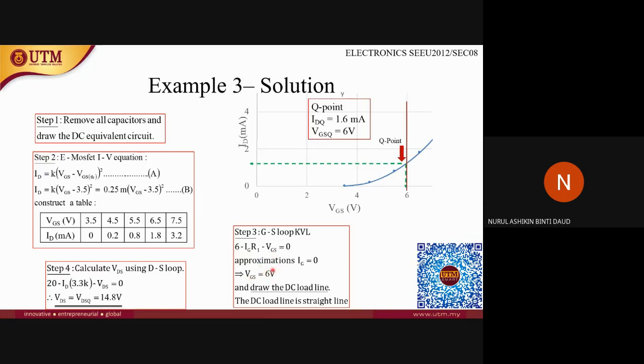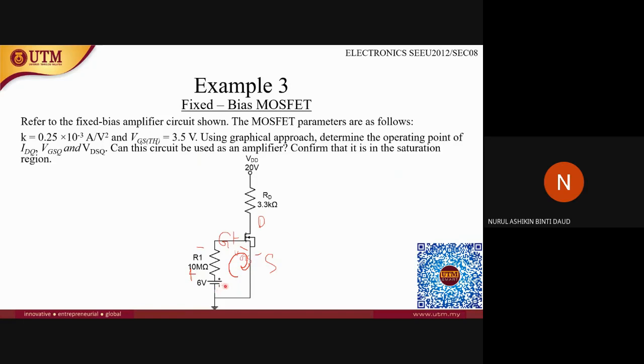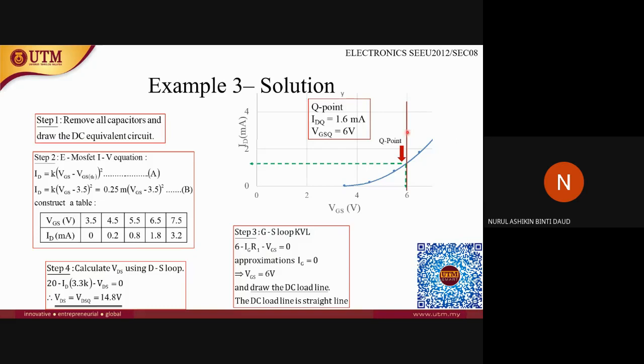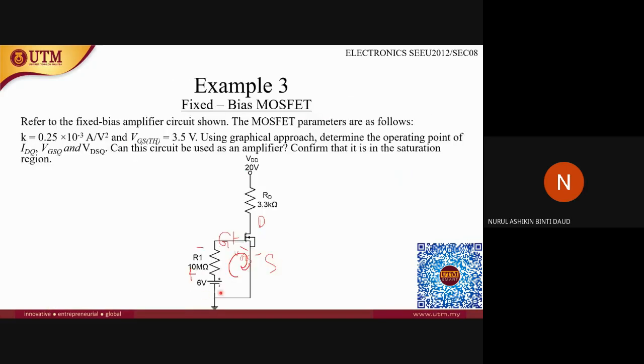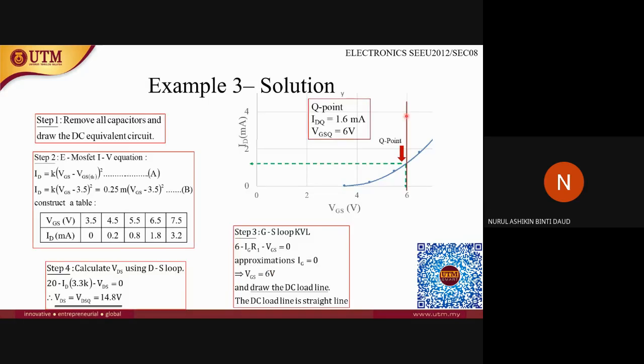So in this case, when there is another voltage source at the gate, you can see that the load line is a straight line. It is no longer slanting or intersecting between the y and x axis. Why? Because there is another source voltage here, right? So the DC load line is a straight line.